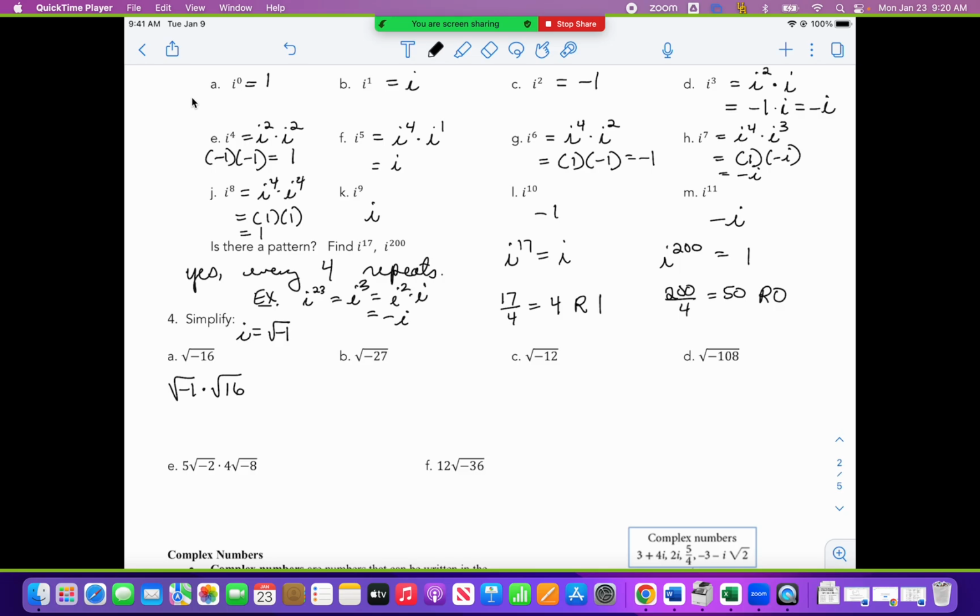It has to come out first. So the square root of negative 1 is I. And what's the square root of 16? 4. Now we don't usually put I times 4. We're going to tidy that up and call it 4I.